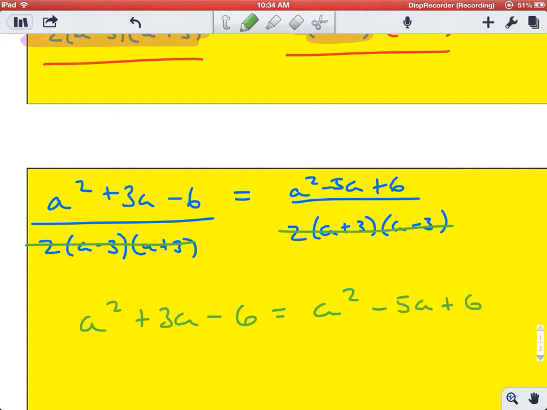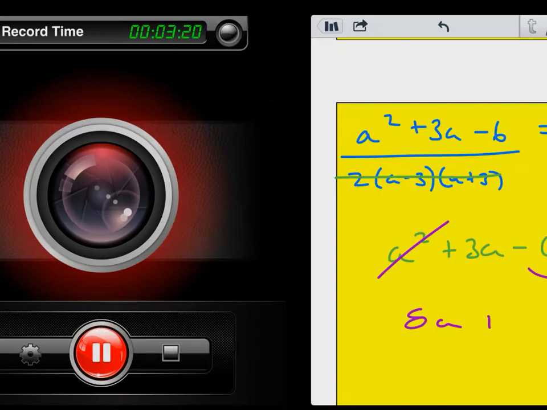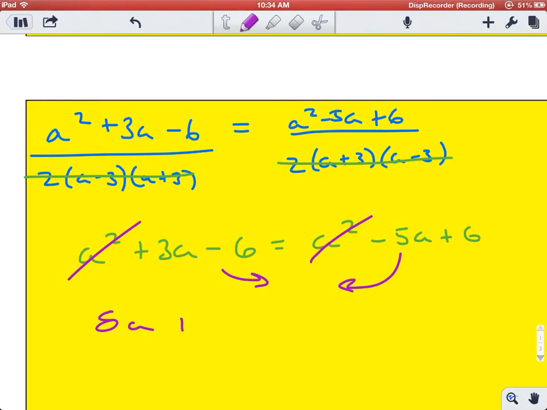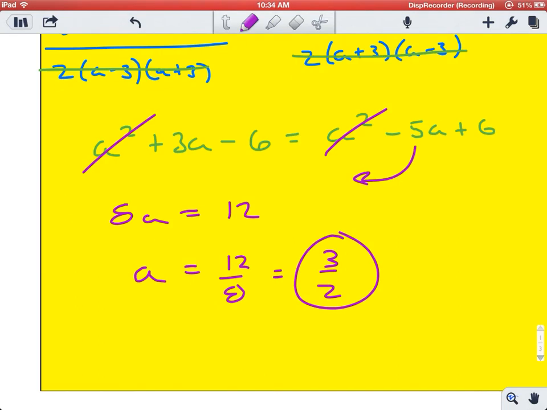It's a fairly easy problem because I don't need those a squareds anymore, and I'll get 8a equals 12. So the answer must be 3 over 2, 1.5.